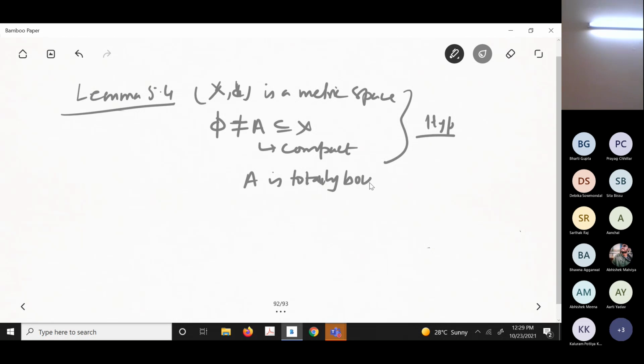But a totally bounded set need not be compact. An example is any bounded set in R, like an open interval. First of all, any compact subset will have to be closed, so it is not compact. But it is totally bounded.